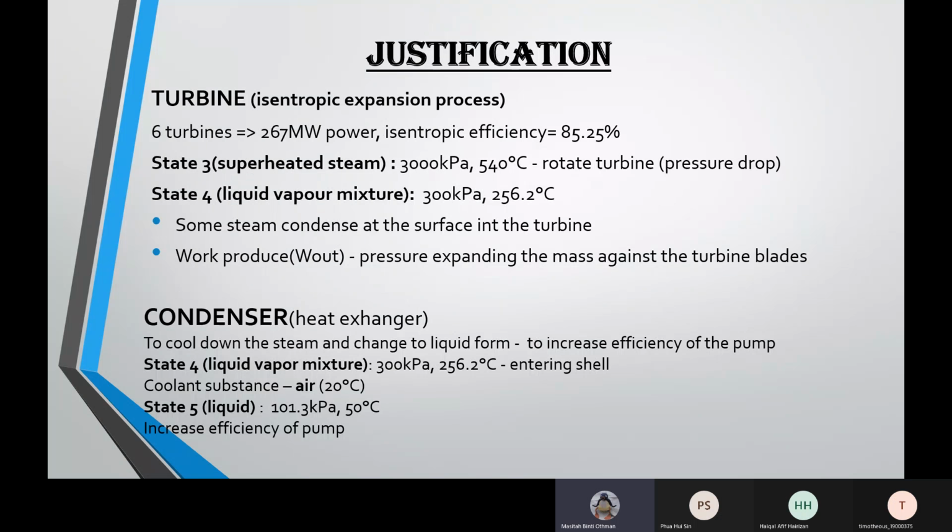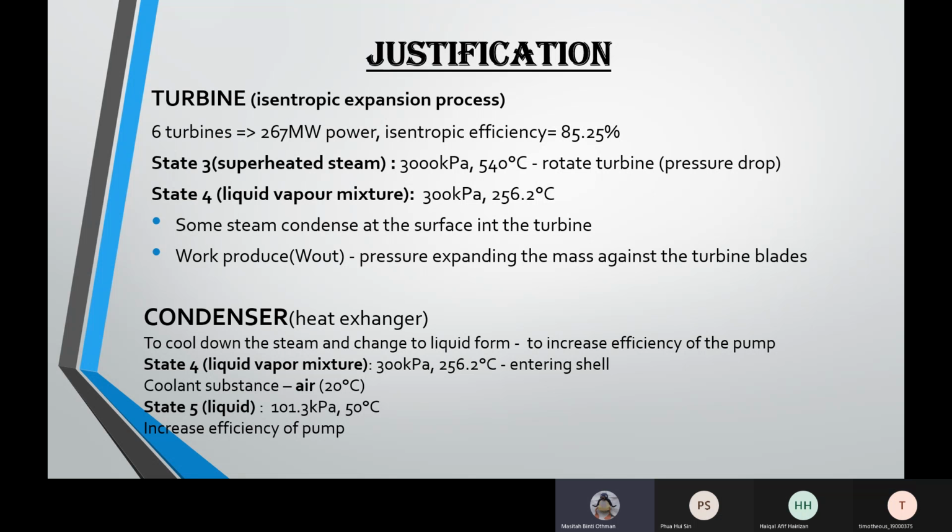So for the turbine, we use an isentropic expansion process. In the turbine, we use 6 turbines and produce 267 megawatt power, with an isentropic efficiency of 85.25%.